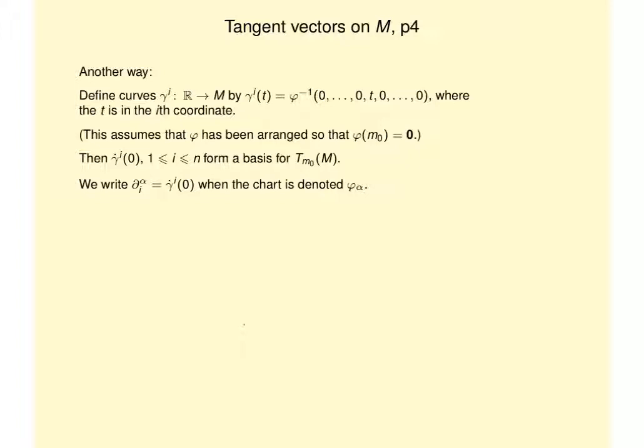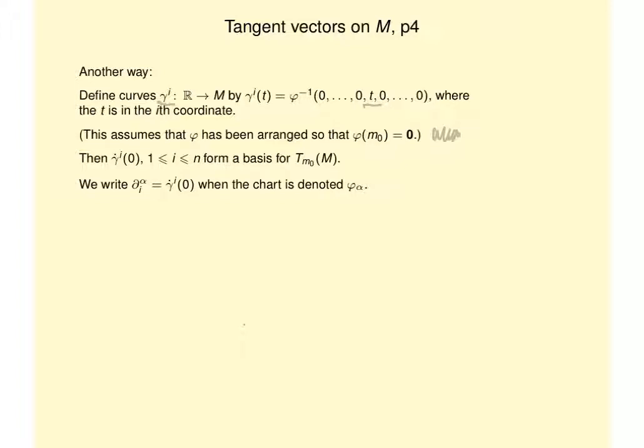So I take an i between 1 and n, and I define a curve gamma_i in M by gamma_i(t) is phi inverse of zeros in all the places except for t in the ith place. And this is assuming, by the way, that phi of my point m0 is actually the zero of Rn. But one can always arrange that. It's not really a big deal, but for convenience we'll do it like this.